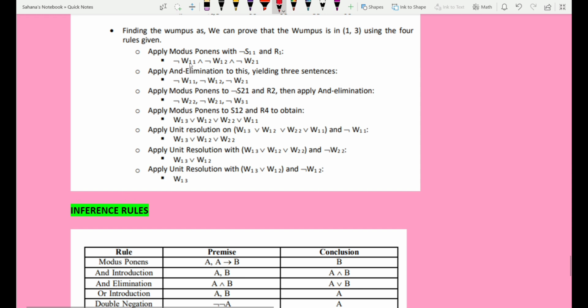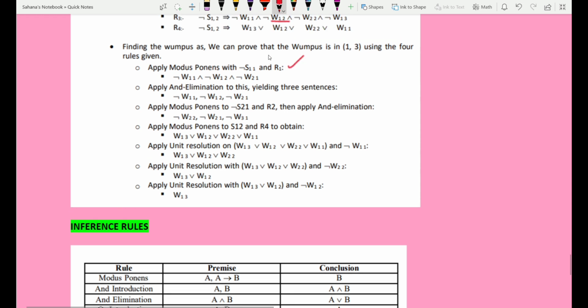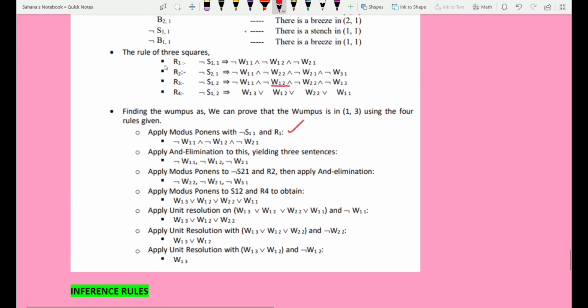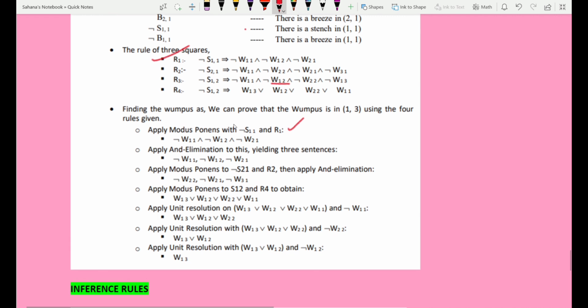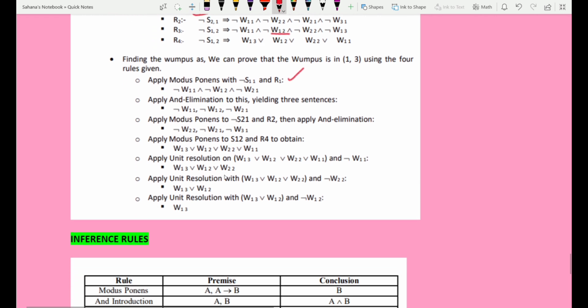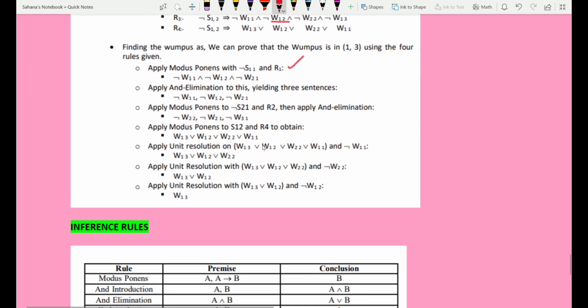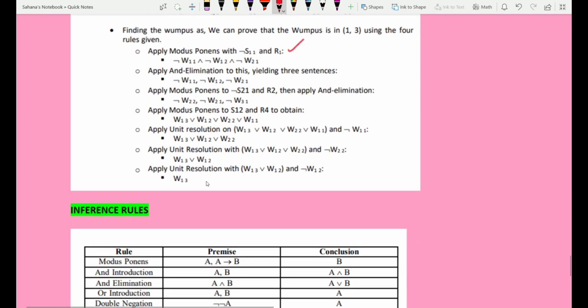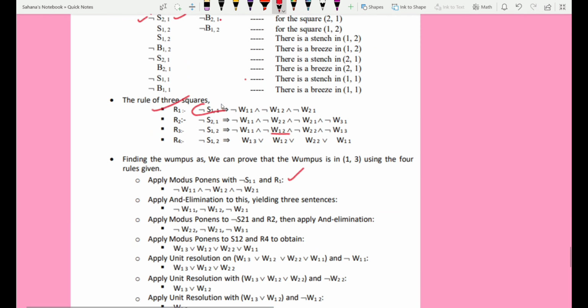First we will take modus ponens with negation S11 and R1. S11 gives this, here R1 will be, this will be A and this will be B, and again A implies B, comma A. What we will get is only B, so only this part we will write.